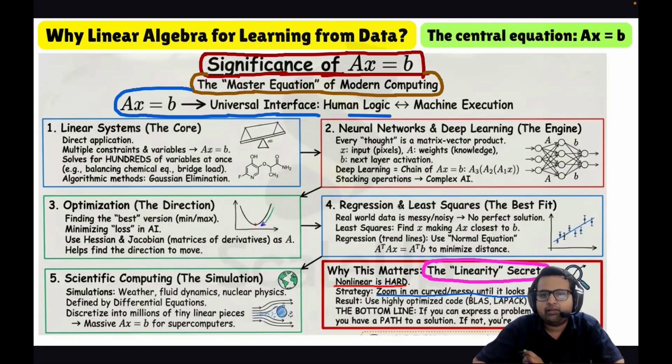And by treating everything as linear systems, we can use the most optimized code ever written for speed and efficiency, to solve problems at the speed of light.